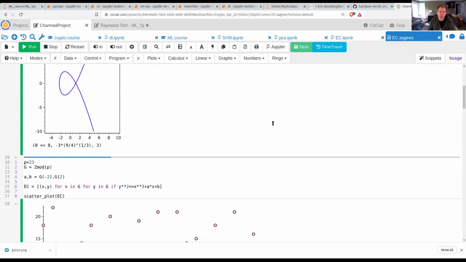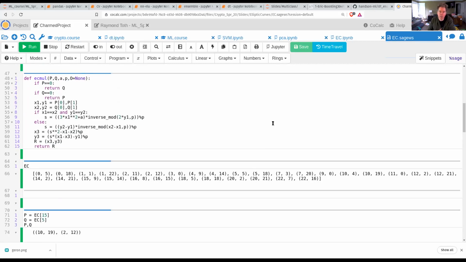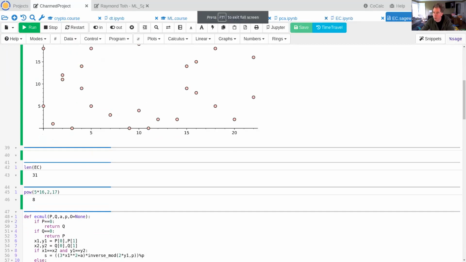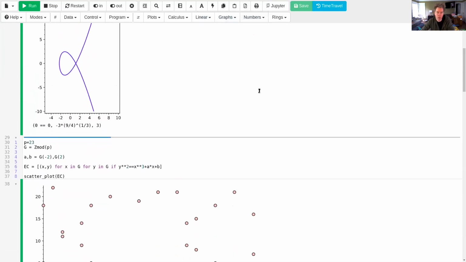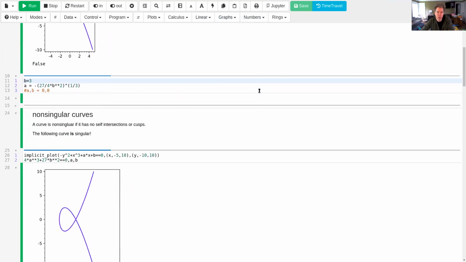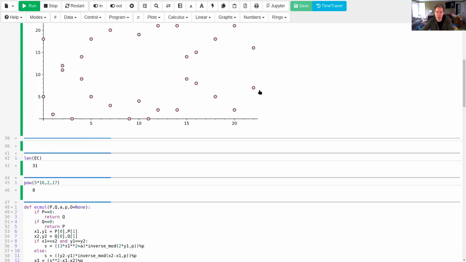So man, if it keeps jumping around like this, I'm going to lose my mind. Is there something I can do to help this? Maybe I'm going to switch to full screen and get rid of that. So hopefully that will improve things. Man, I almost feel like somebody is purposefully messing with me.